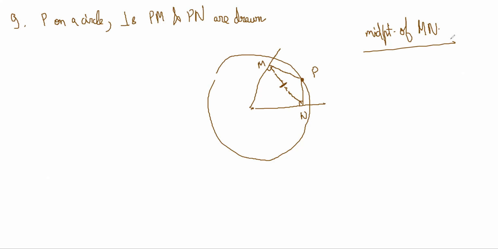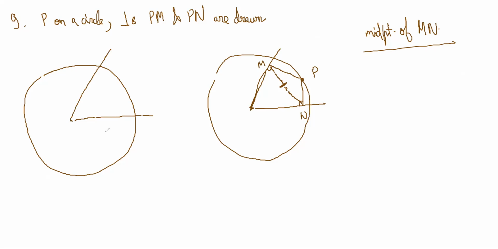So this is a question which basically depends on the angle between the two radii. If this angle is theta, this point is P, you drop this perpendicular and this perpendicular, N and M. This is O. So the midpoint of MN you need to find, the locus of the midpoint.